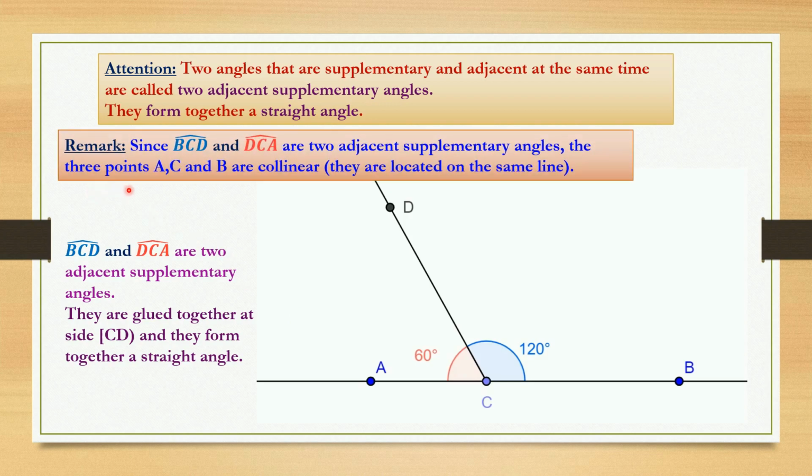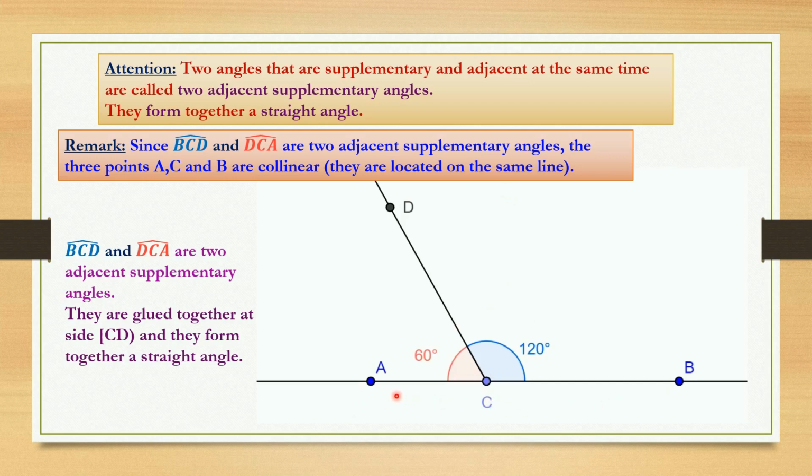Now, an important remark. Since angle BCD and DCA are two adjacent supplementary angles, it means here the angle BCA is a straight angle. It means the two sides CB and CA are opposite to each other. They are the extension of each other. That's why points A, C and B are collinear, because they are located on the same line.